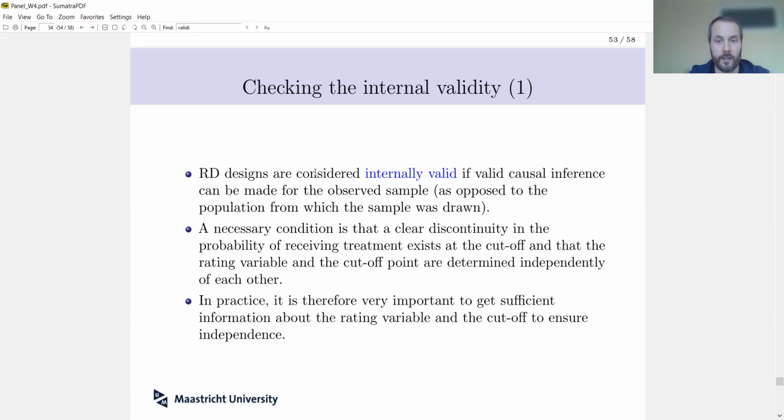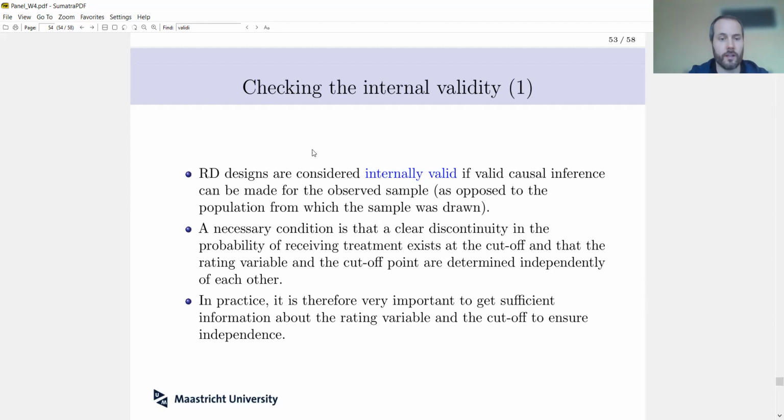Whether you can generalize from your sample to the total population is not a question of internal validity. That's a question of external validity. So internal validity means: within your sample, can you draw causal conclusions? External validity means: can you take these conclusions outside of your sample and generalize them to a larger population of interest?